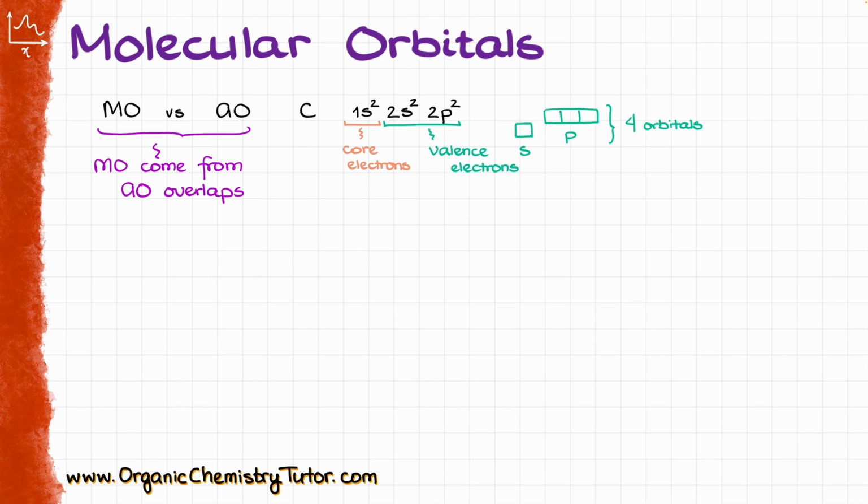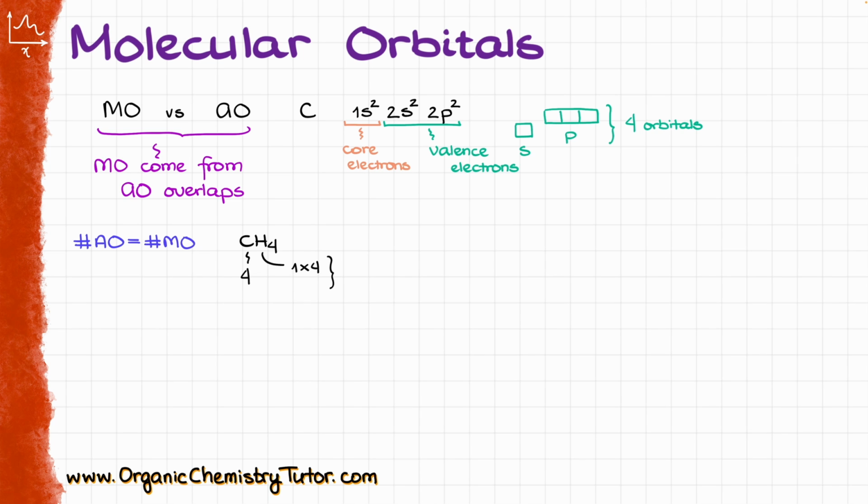Another important thing to keep in mind is that the number of atomic orbitals is going to equal the number of molecular orbitals that we end up with. So if I look at methane, CH4, carbon is going to bring in 4 orbitals, and each hydrogen is going to bring 1 orbital, and there are 4 of those altogether.